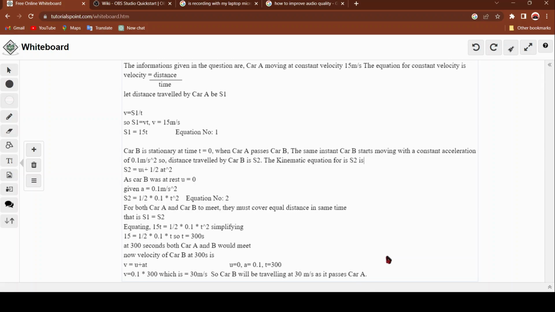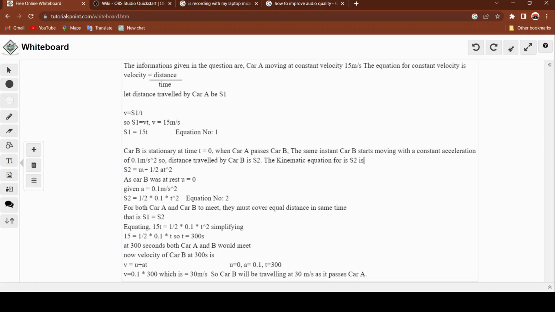The information given in the question is: car A is moving at a constant velocity of 15 meters per second. We already know the constant velocity equation is distance over time. Using that equation, we get the distance traveled by car A, which we can take as S1.